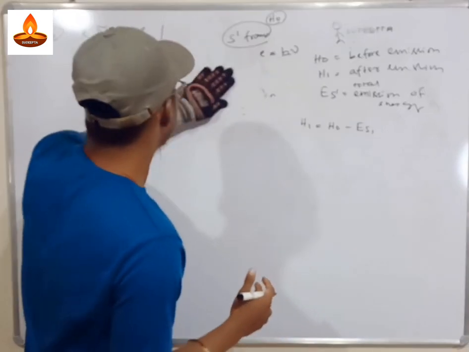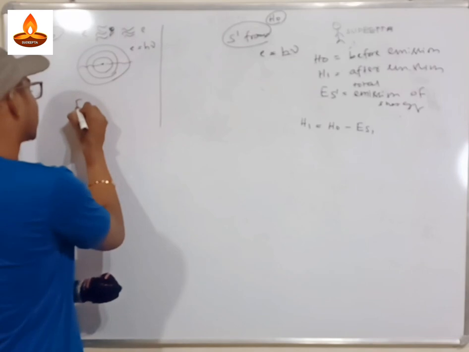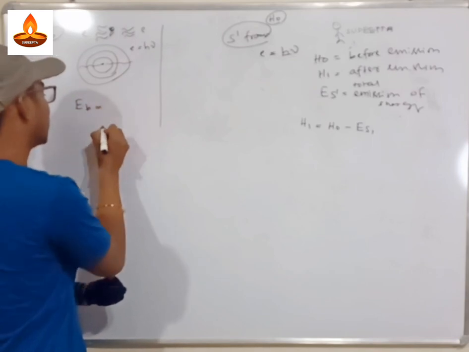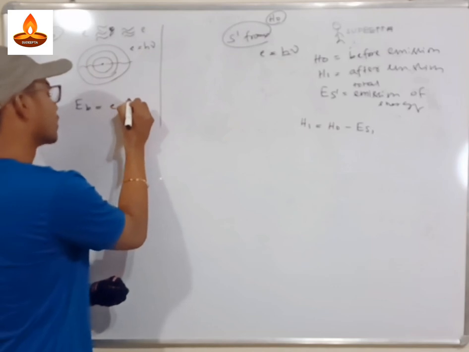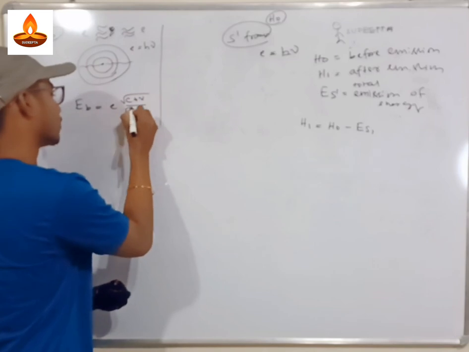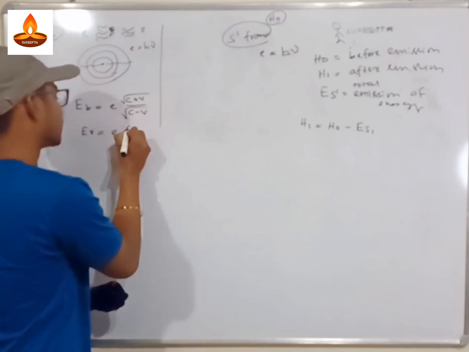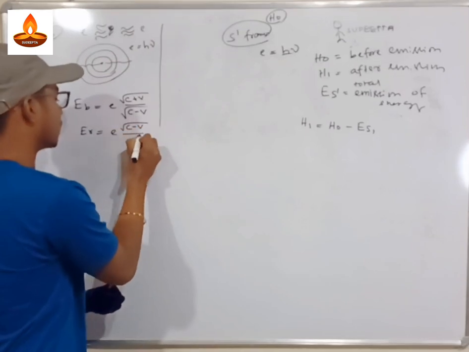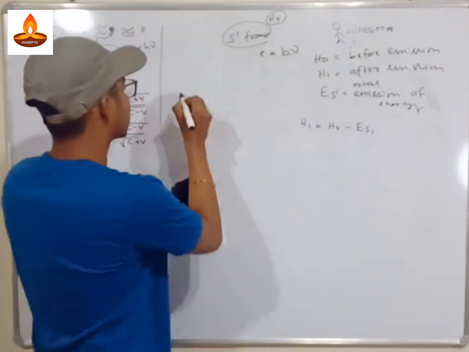Before this, we saw that the energy in the blue shift is E_B, that is small e times root of (c plus v) upon (c minus v), and E_R in the red shift is small e times root of (c minus v) upon (c plus v). So what is the total energy emission?